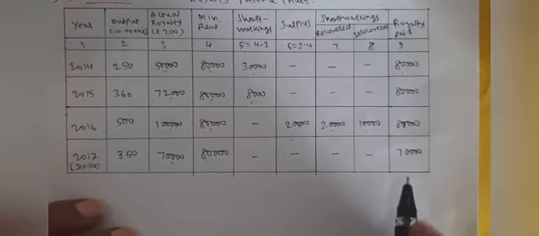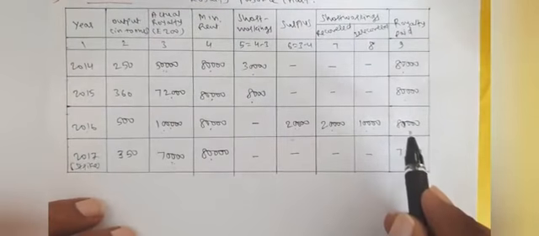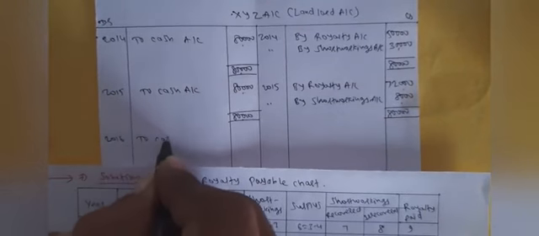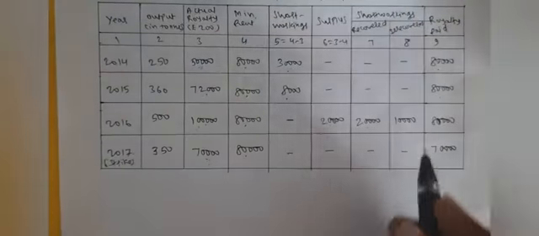Now in 2016, see, in case of 2016, how much cash is paid? 80,000 is paid. So to cash account 80,000, and see, one more important entry is there.